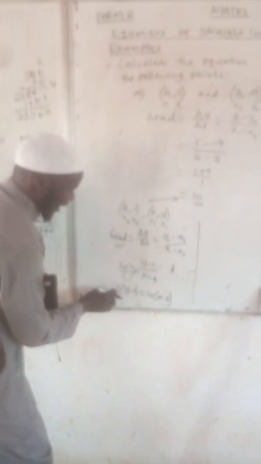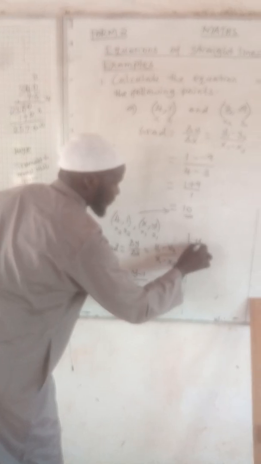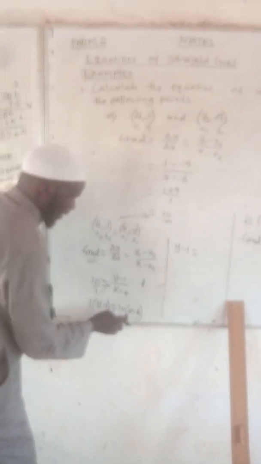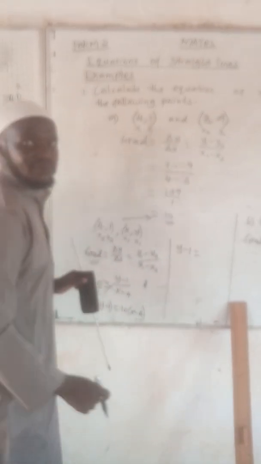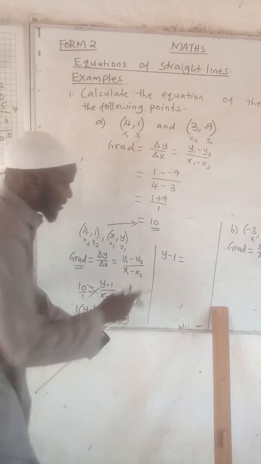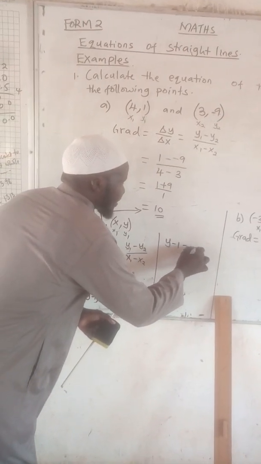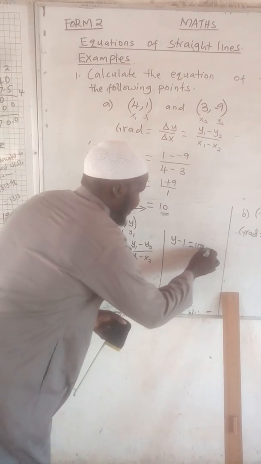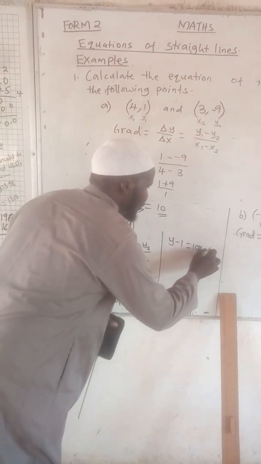Now, 1 times y is y, minus 1 times 1 is 1, is equal to 10 times x, so 10x, minus 10 times 4, which is 40.